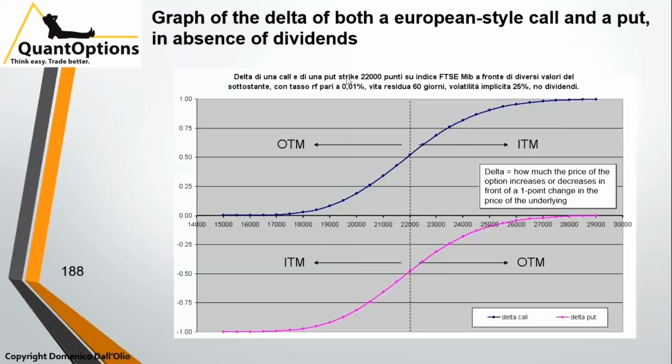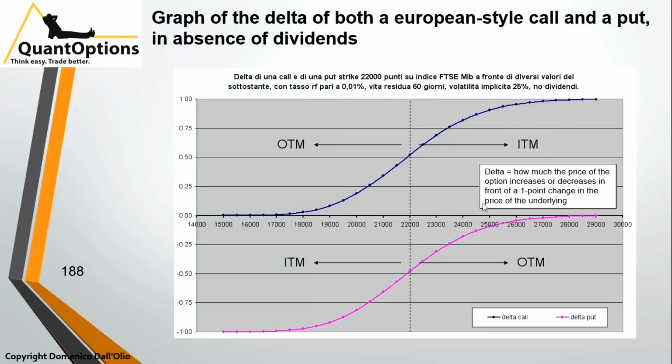Here, sorry for the Italian, but I couldn't change it because this is an image. So this is the delta of the call and the put strike 22,000 points on the FTSE MIB index in front of different values of the underlying, given a risk-free interest rate 0.01, a residual life 60 days, and implied volatility 25%, no dividends.